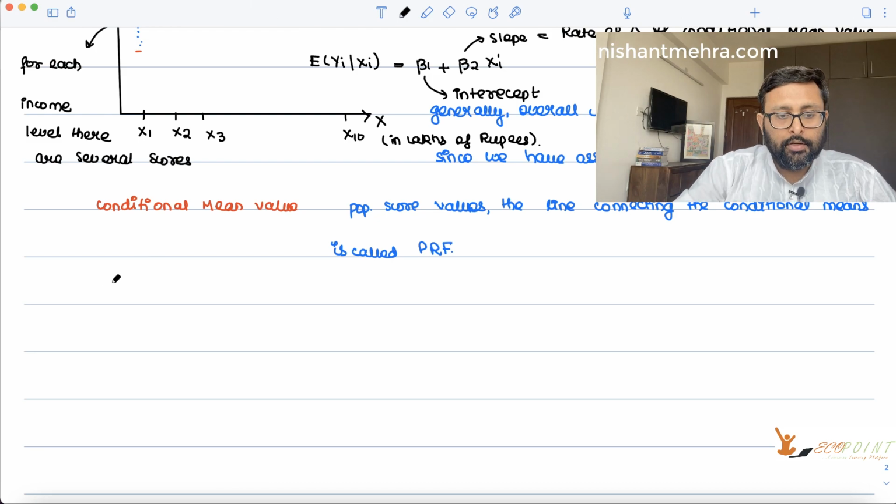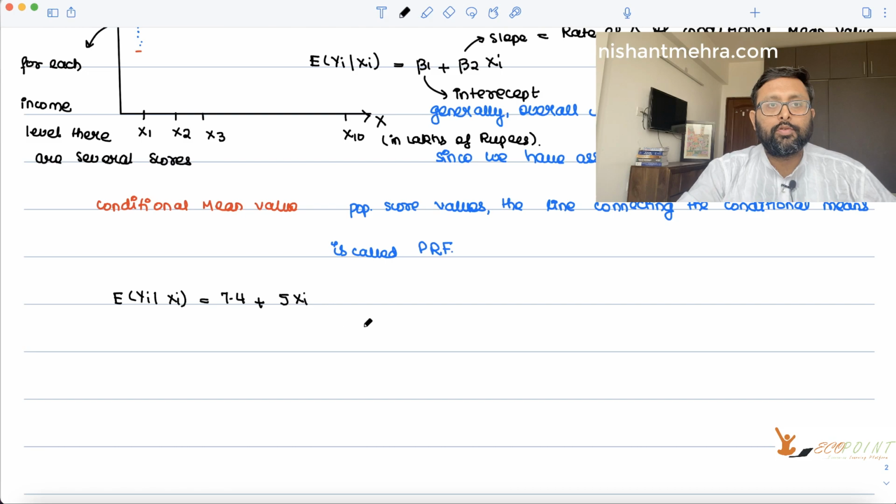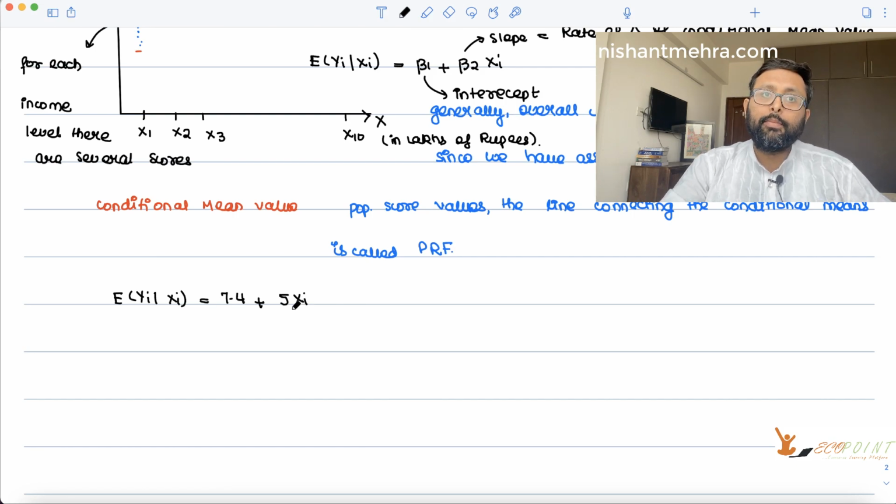So if you have, let's say, the population regression line like this, and you estimate it and you get, let's say, 7.4 plus 5xi, how do you interpret this 5? You say that if xi is the family's annual income in lakhs of rupees, a unit change would be 1 lakh.